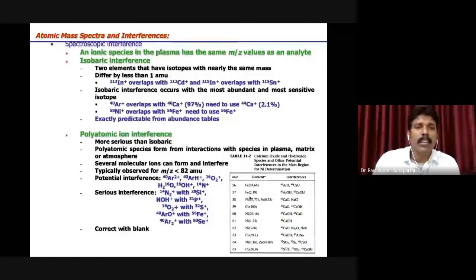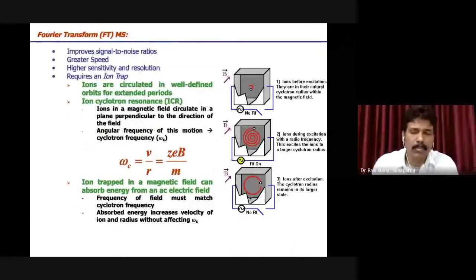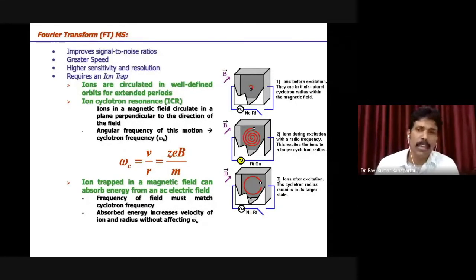Right, I think for the rest of the things, in recent days most of the arrangements are coming with the ICR, that is, the ion cyclotron resonance. Just as nuclear magnetic resonance, this is ion cyclotron resonance, where the ions will be resonating with a particular frequency within a closed shell, a cube or maybe a rectangular box kind of arrangement.